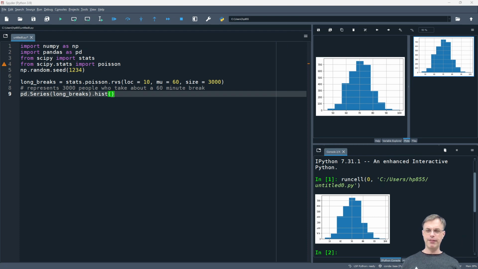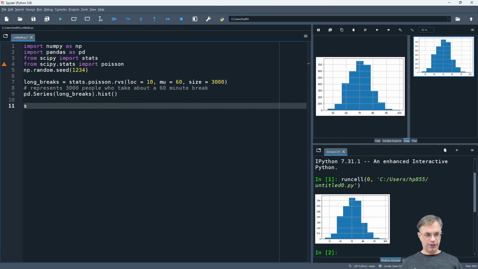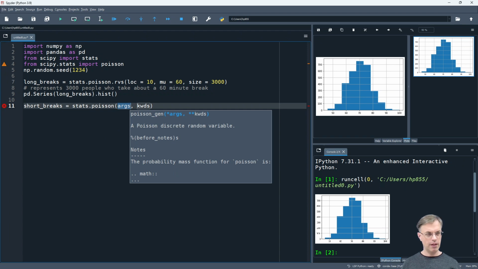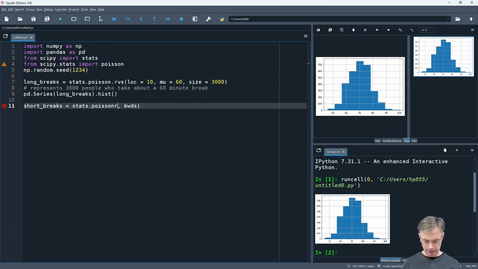Now let's model the 6000 people who take on average about 50 minutes break. And let's use the Poisson distribution again to simulate the 6000 people. So this time, short breaks, stats.poisson.rvs.